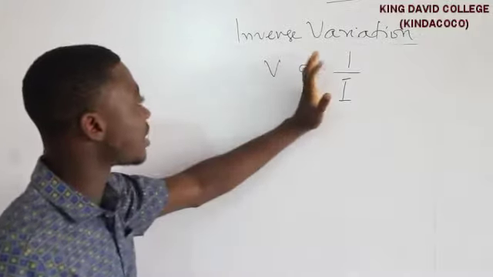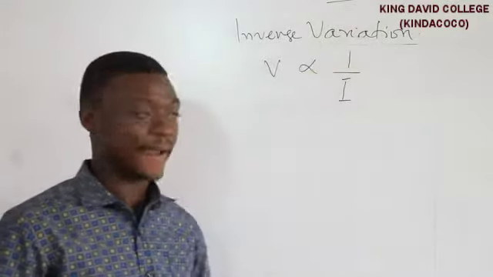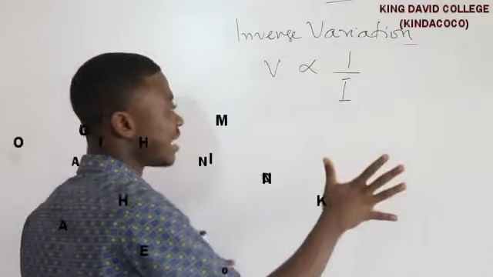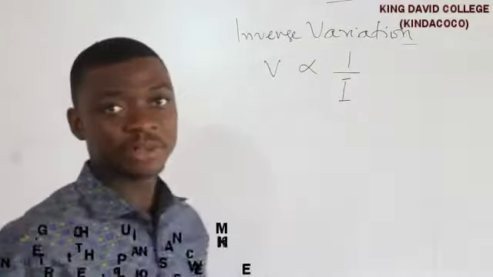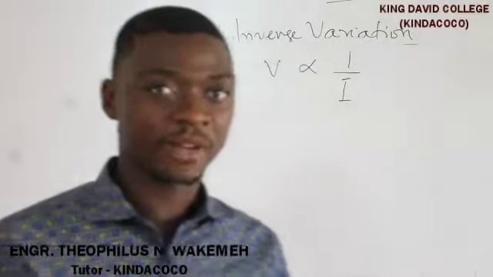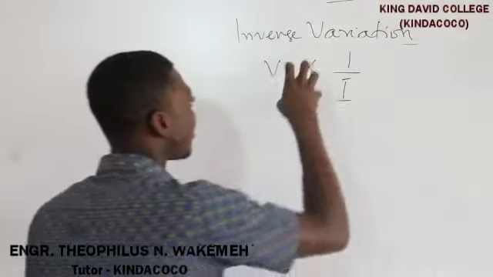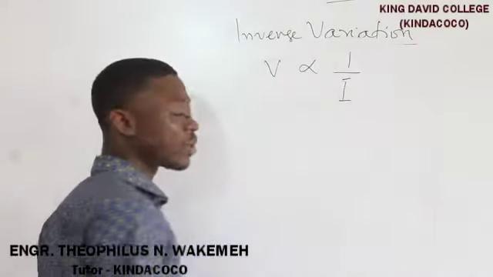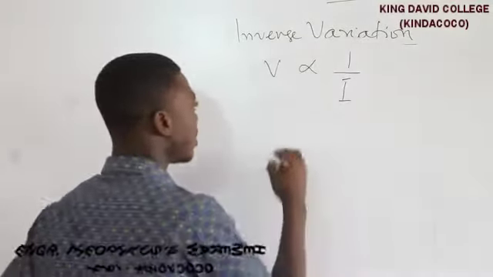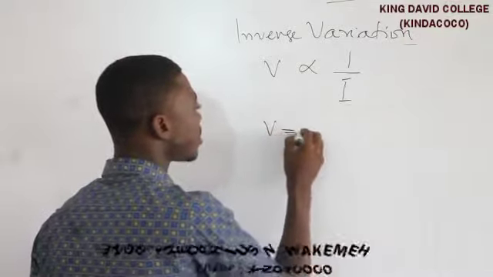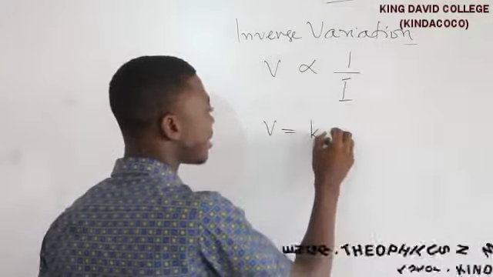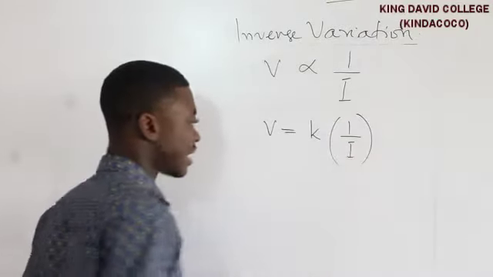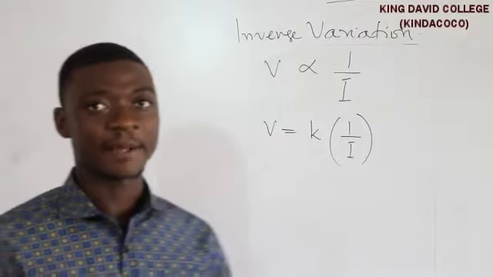So V varies inversely as I. Then the same idea from direct variation, you just have to change the variation symbol into an equation sign with a constant of proportionality. So this is going to be V is equal to K times 1 over I. Okay? K times 1 over I.